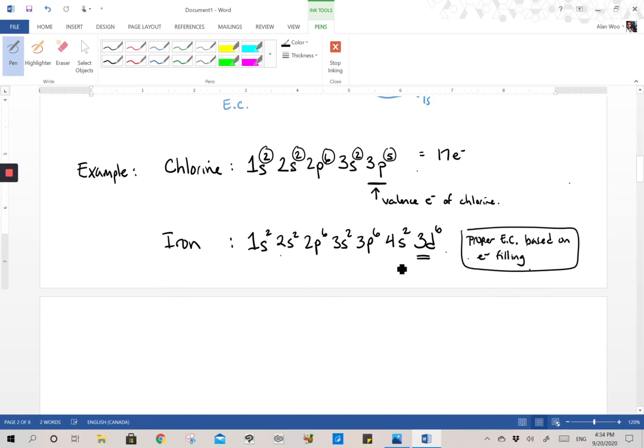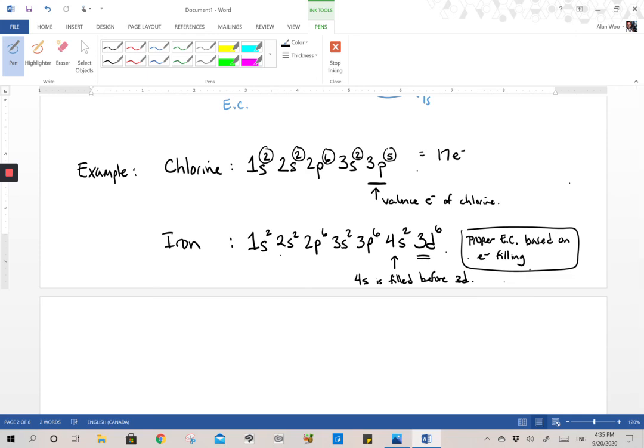So 4s is filled before 3d's. And again, that's just based on your periodic table as well. Hopefully this makes some sense.